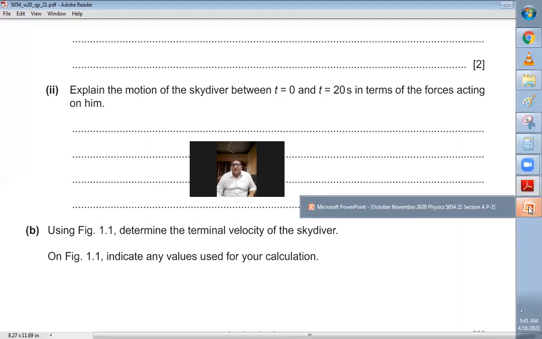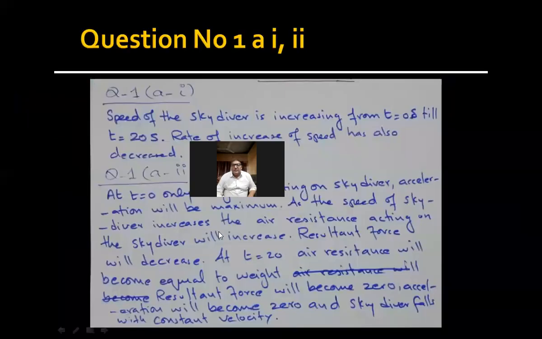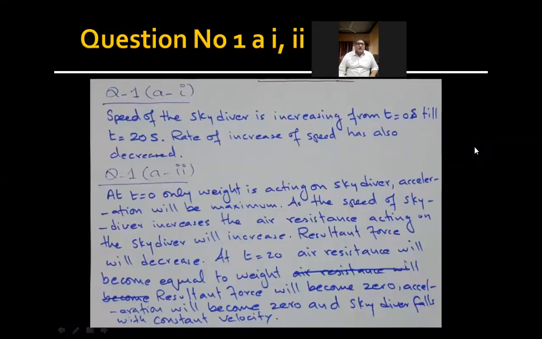Let me show you. I have written this answer, as this is a 3 mark question, and let's see what happens. Okay. Now, at t equals 0, only weight is acting on the skydiver. Acceleration will be maximum.